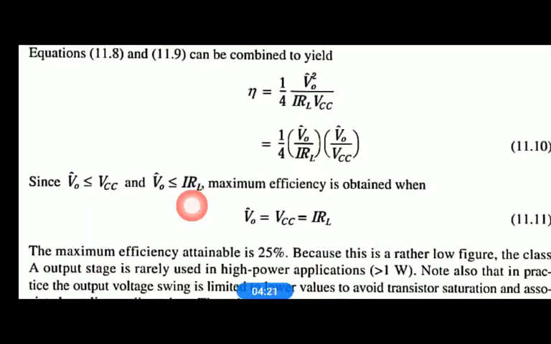The maximum output voltage in the negative cycle is I into RL, as you have seen in the transfer characteristics, and the maximum output voltage in the positive cycle is equal to VCC.